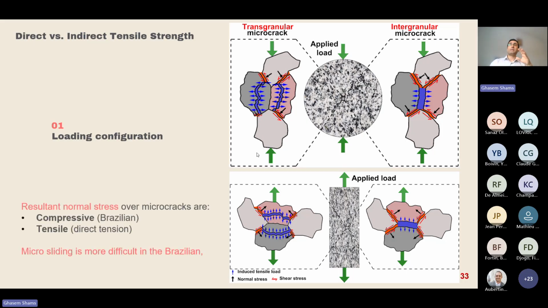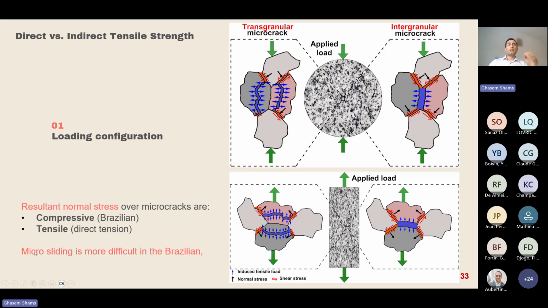Therefore, we can say that in these two different configurations, the resultant normal stress over the microcracks is compressive in the Brazilian disc. This is the normal load, as I showed here in simple form as the black arrow. These normal loads are compressive, but they are tensile inside the specimen for the direct tensile test.